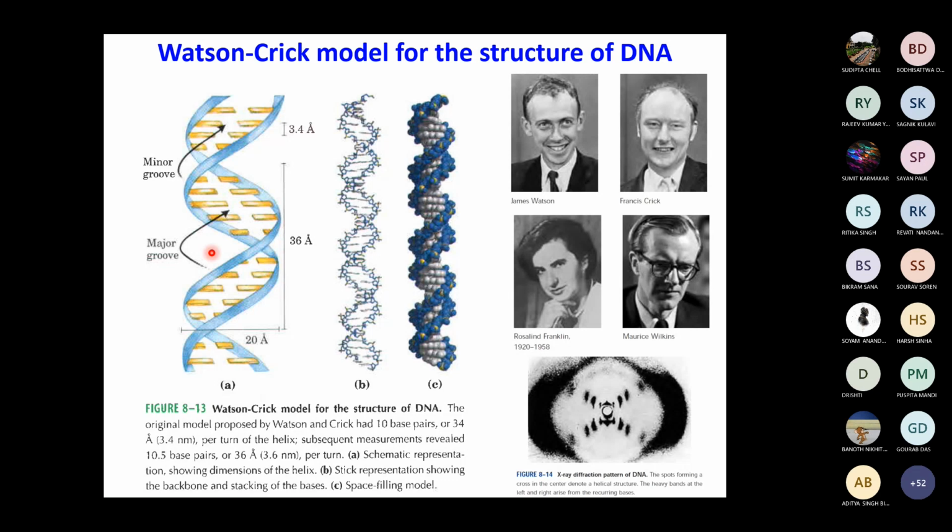And because of this turning of the DNA, there are grooves created, which are major grooves and minor grooves. You can see this one is a major groove, in the sense that it is more wider, and this minor one is more narrow.